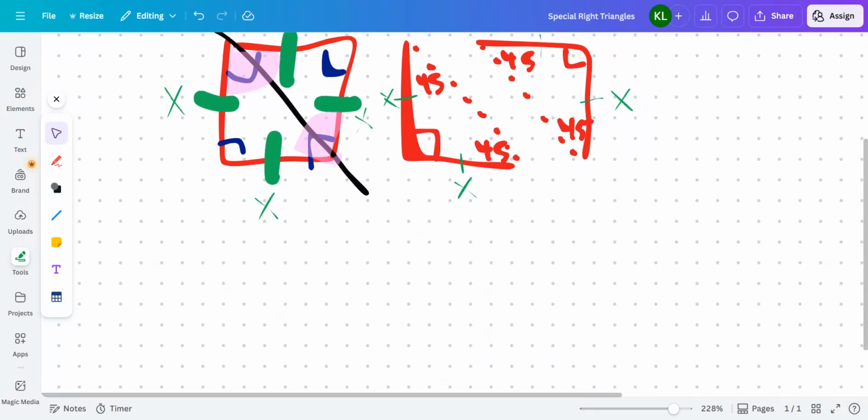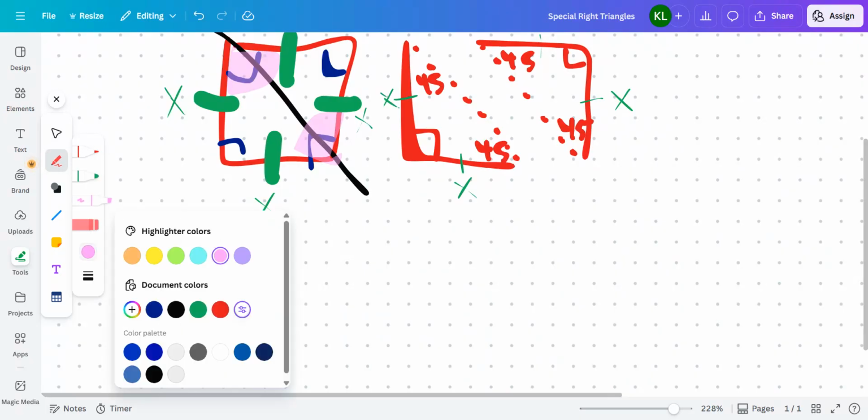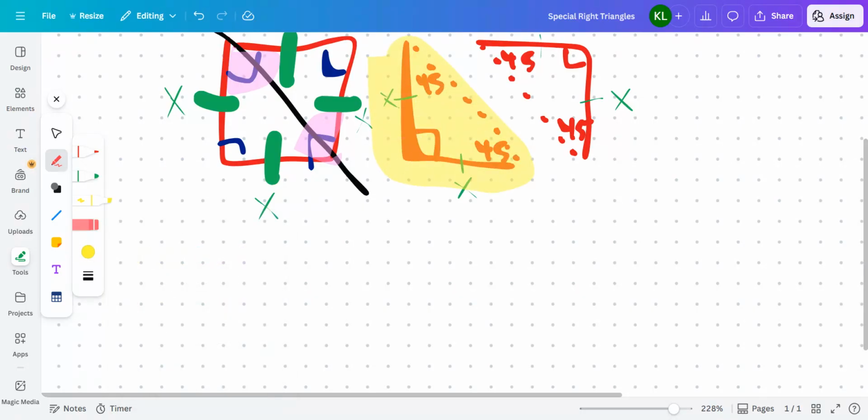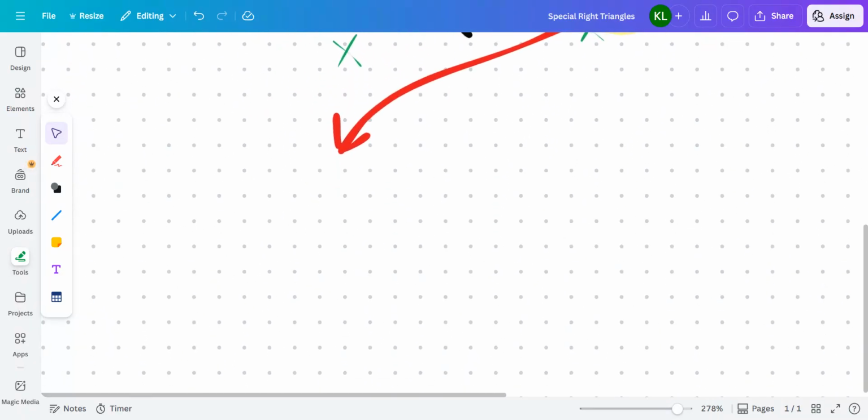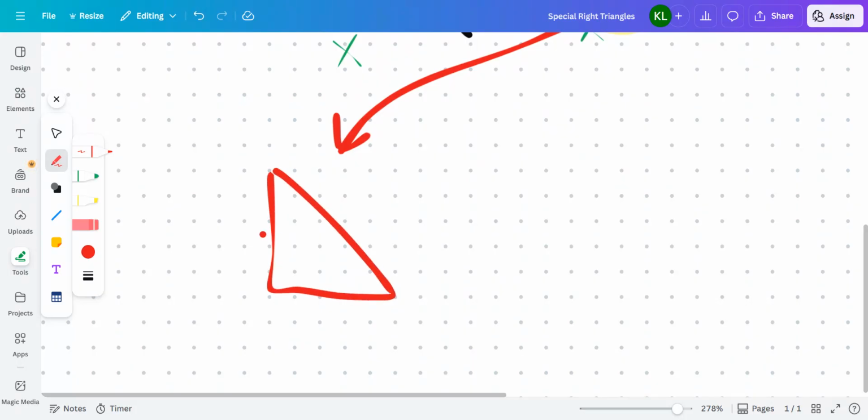And I'm going to take one of them and we're going to prove the ratio relationship between the sides. So I'm going to go ahead and copy this triangle down over here and get to work. So we know that those two legs are both congruent. I don't know the measure of those legs, so I'm just going to let them be represented by the variable x.